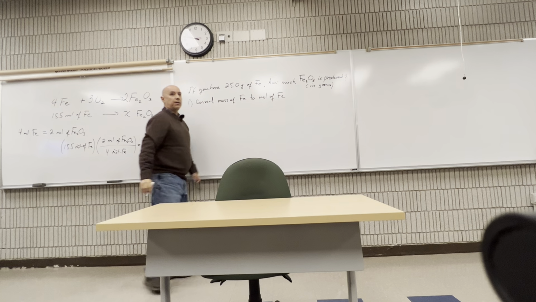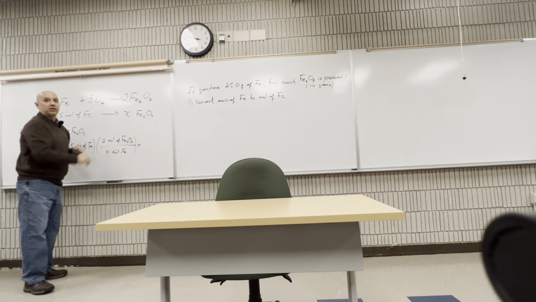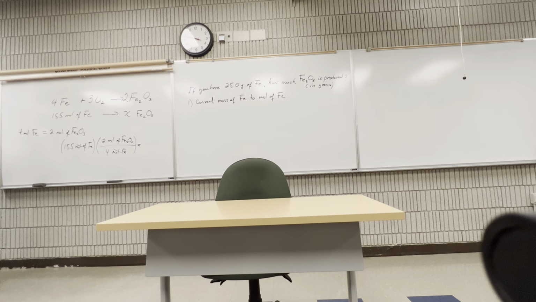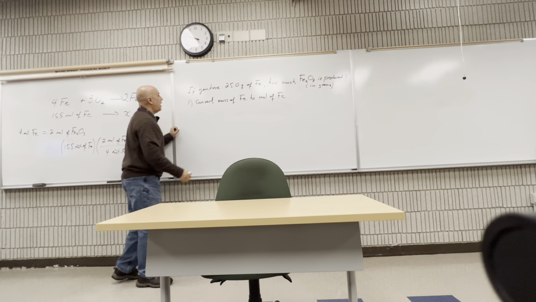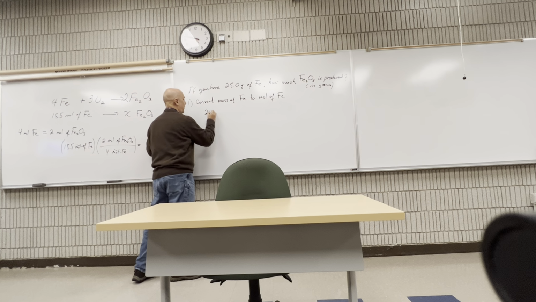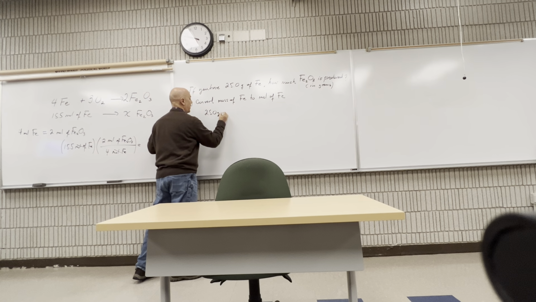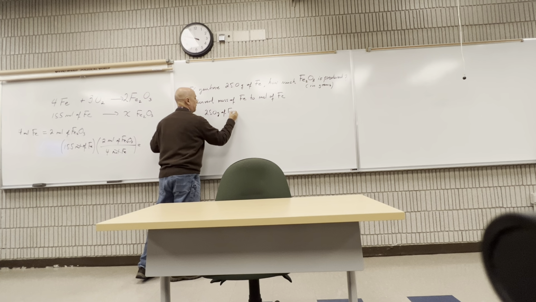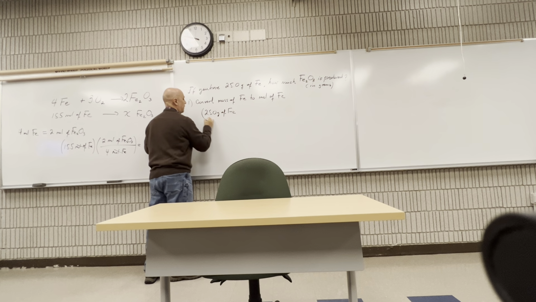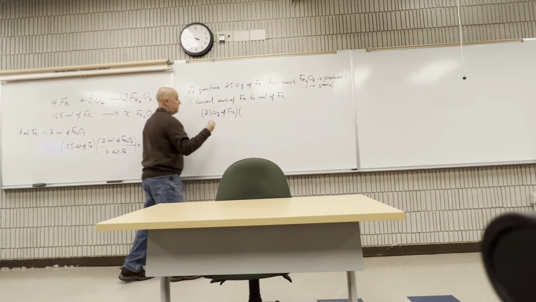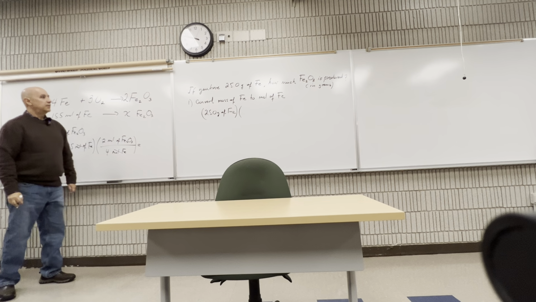That's my very first step, so that I can use the stoichiometry. Okay, so how do I do that? I take 25.0 grams of iron, and I multiply that or divide that by the molar mass of iron.